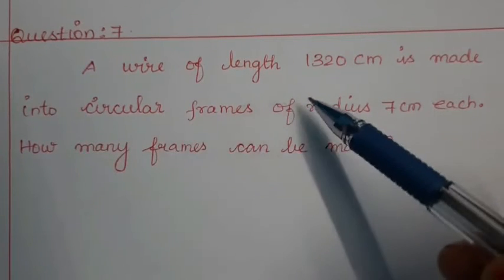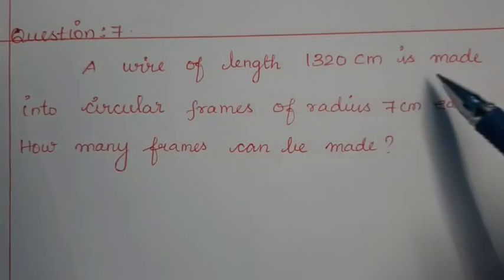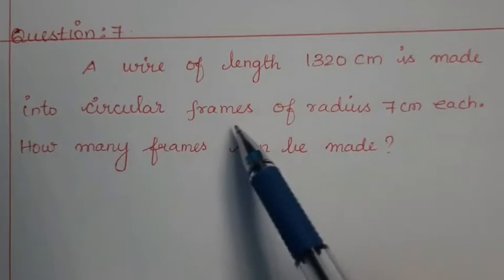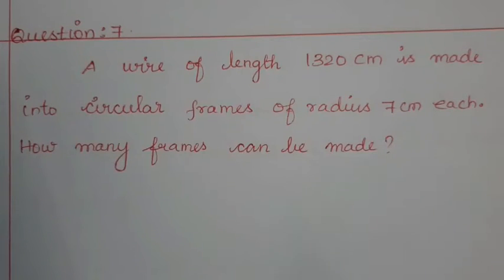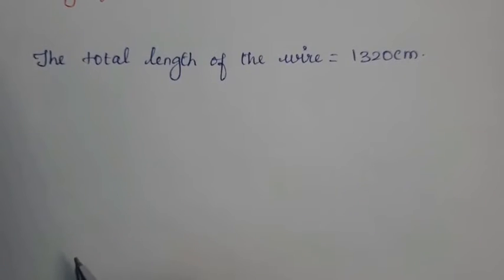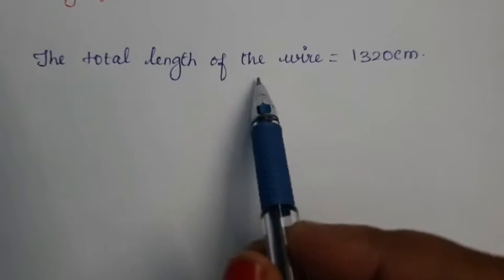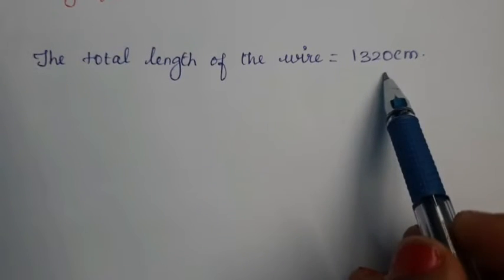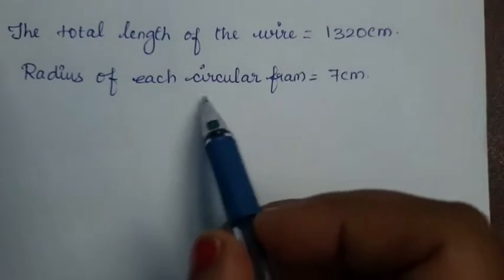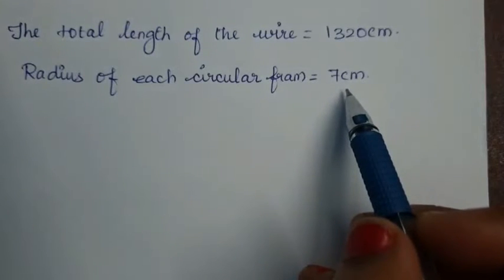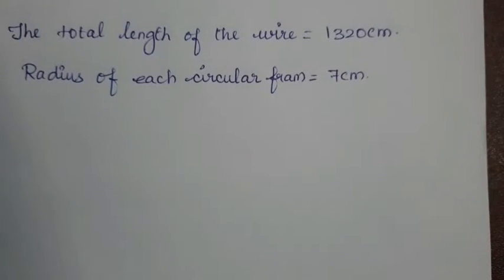A wire of length 1320 cm is made into circular frames of radius 7 cm each. How many frames can be made? By the question, the total length of the wire is equal to 1320 cm. The radius of each circular frame is equal to 7 cm. For finding the number of frames that can be made, we should find the circumference of the circular frame of radius 7 cm.